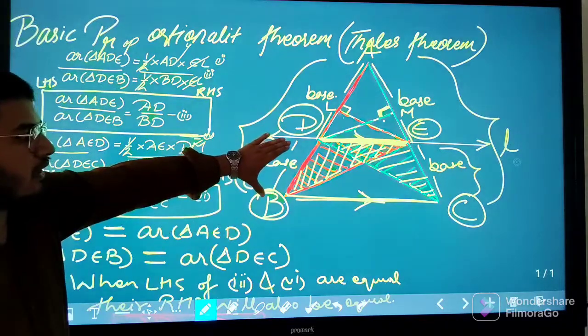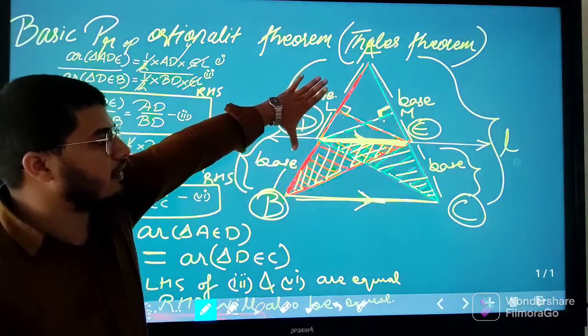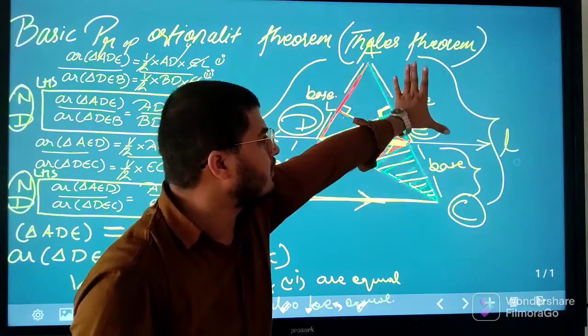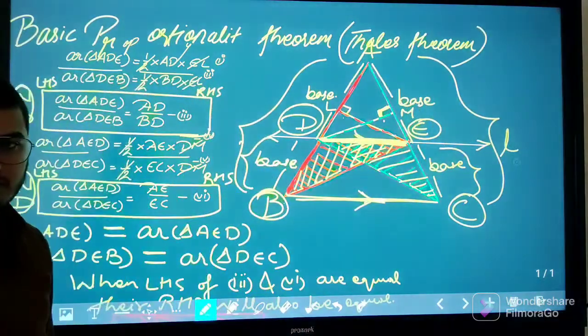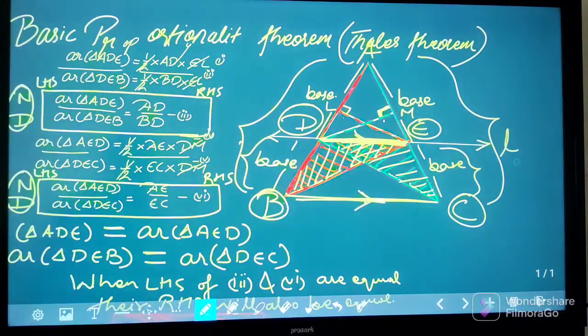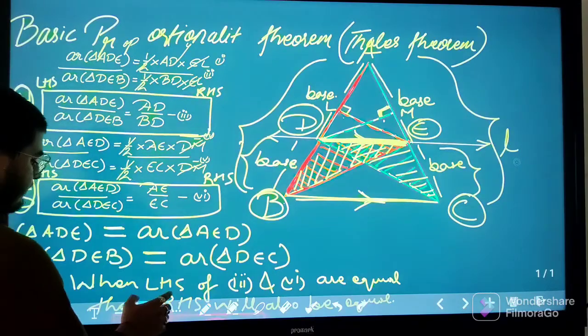This portion BD divided by the entire side AB is equal to EC divided by the entire side AC. So that result can also be explained on the basis of the Thales theorem.